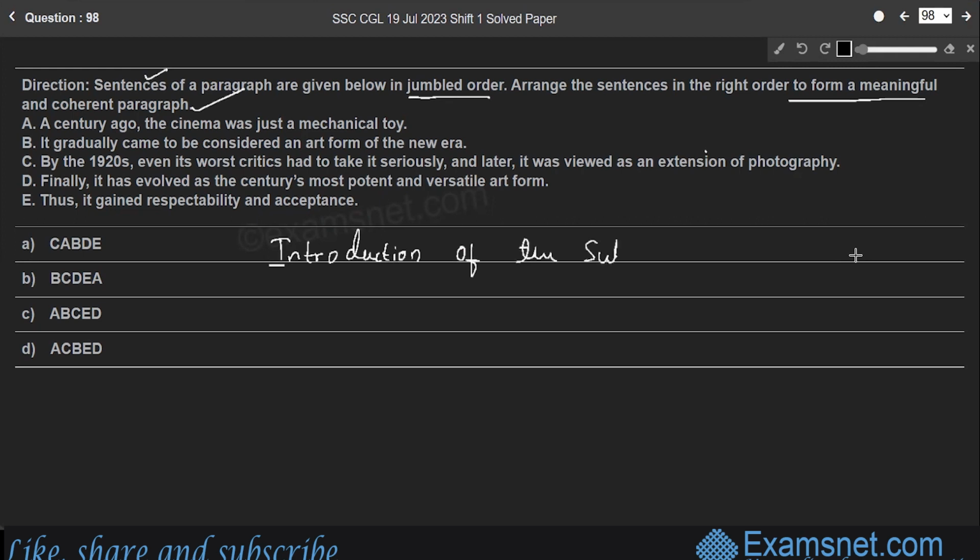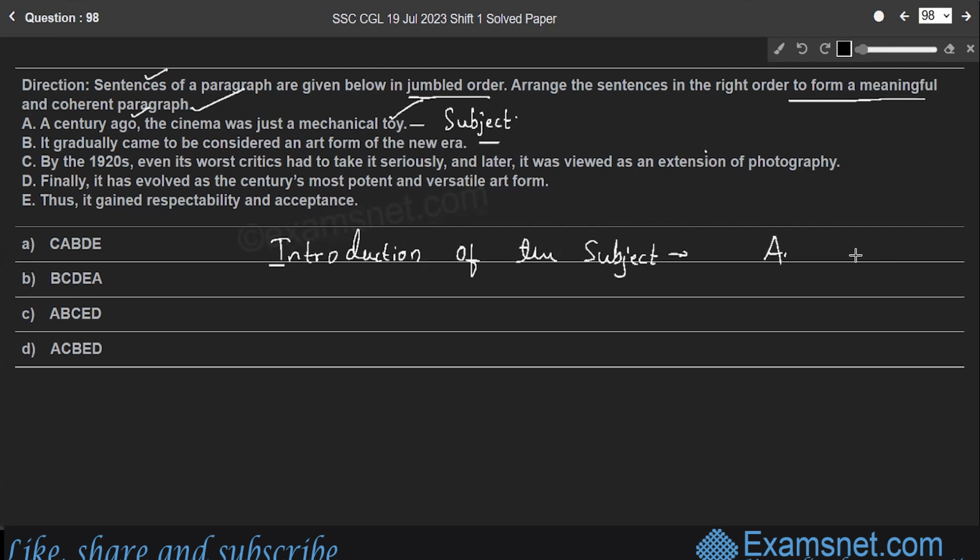Look at sentence A. A century ago, the cinema was just a mechanical toy. So this is the introduction to the subject, which gives subject knowledge here. Therefore, sentence A comes first here, right?